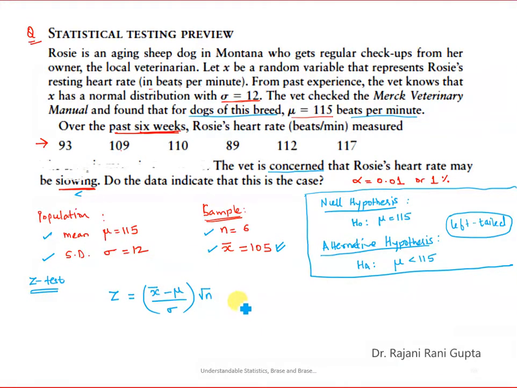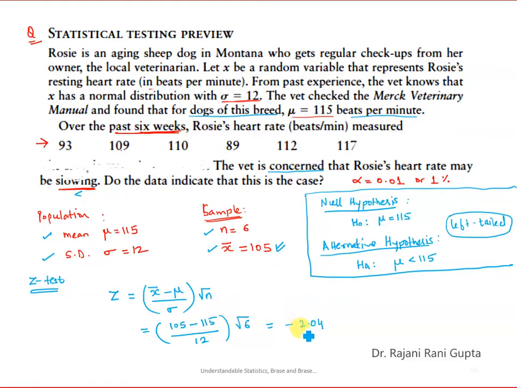Substituting all these values: x bar is 105 minus mu is 115 over sigma, which is 12 times root 6. Use a calculator and calculate it. This comes out to be minus 2.04.